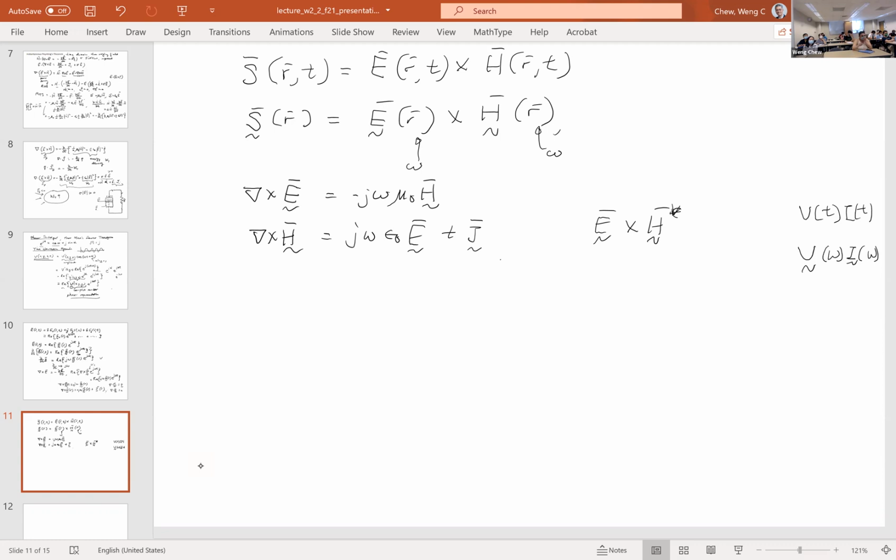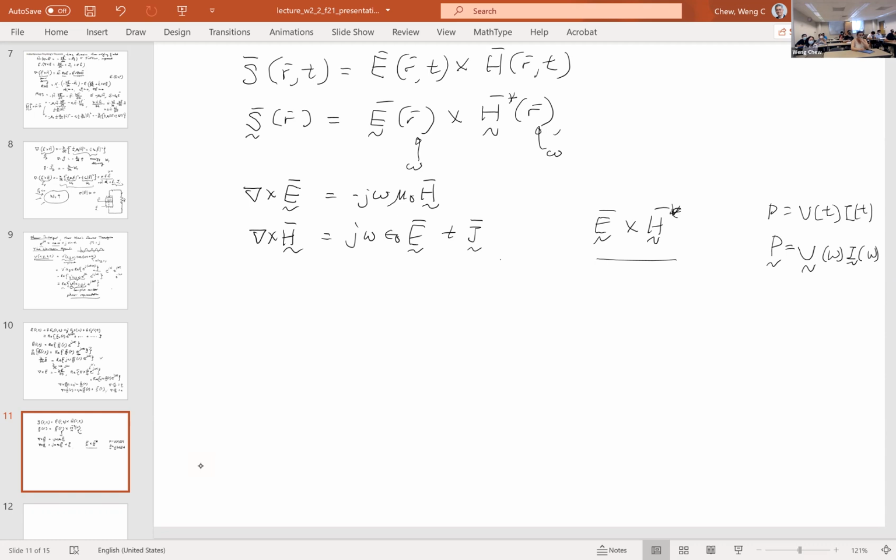So this is real power, but this is complex power. By the same token, we define a complex Poynting vector. Sorry, there should be a complex conjugation over here, to have everything come out correct. And we have been motivated by circuit theory, so we put in the complex conjugation there.